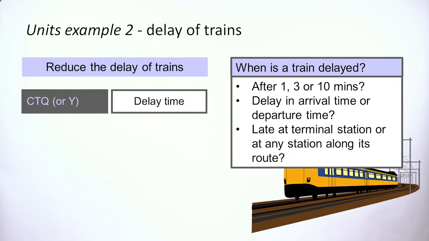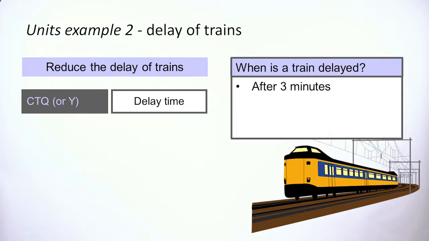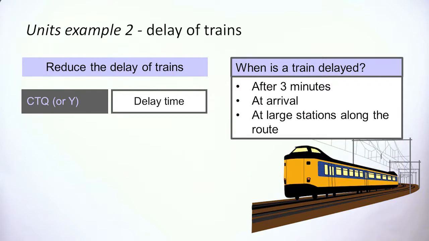In the Dutch system, we have the following agreement on how to measure the delay of a train. A train is delayed after 3 minutes at arrival for a selection of stations throughout Holland. So, what is our unit for the variable delay time?